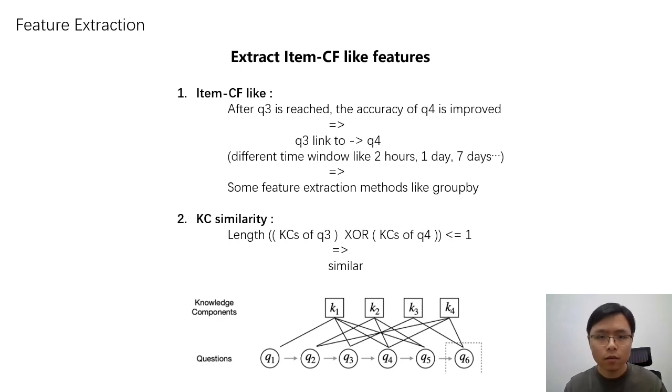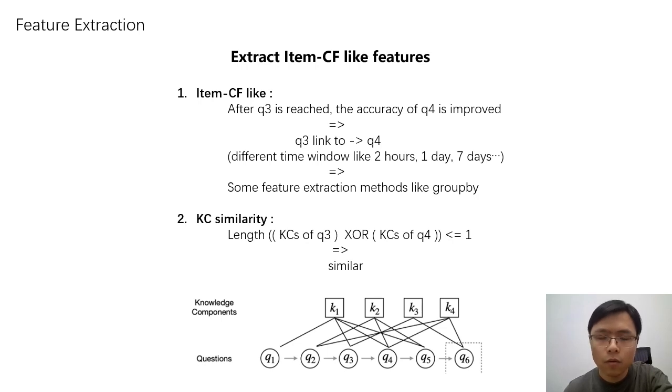Lost items CF-like features are very important for our models. You can see here. Suppose that question 3 and question 4 are similar.